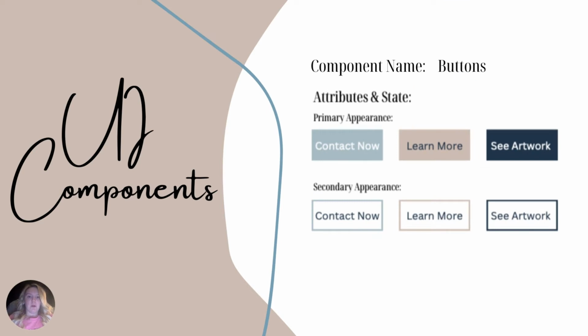For our first UI component, we chose buttons. Buttons allow the user to navigate through the site, and they also attract the user so that they can click to the area of the site that they need to get to. While creating the style guide, we determined that most importantly, buttons should look like buttons.